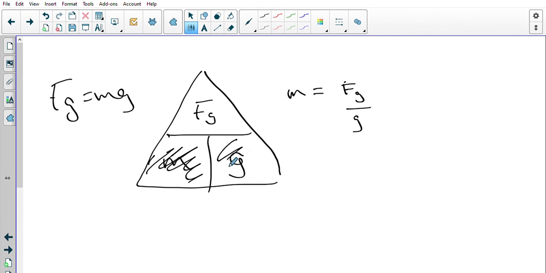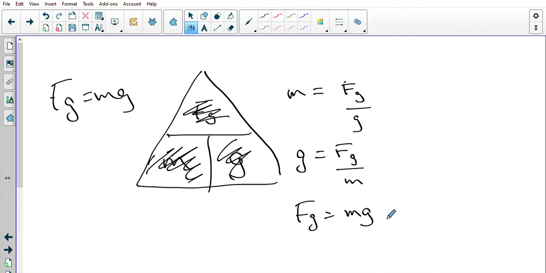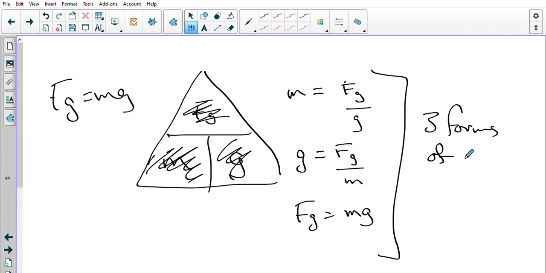If we're looking for a little g, that's going to be force of gravity over m. So g is equal to force of gravity over m. And if we're looking for the force of gravity, well, that's m times g. These are the three forms of the equation. So you can always make sure you have that on your cheat sheet, and you'll be good.